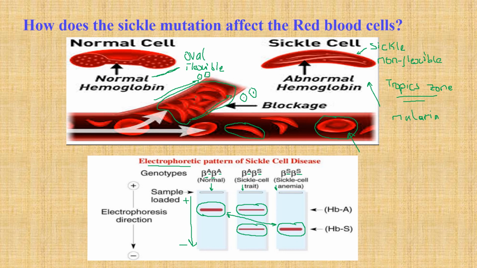So when your sample is run on the electrophoretic chamber, amplified using the primers for normal hemoglobin, when you have these two bands, it means that you are a carrier. And if you have one band that is lower down here, that is to tell you that you have sickle cell.